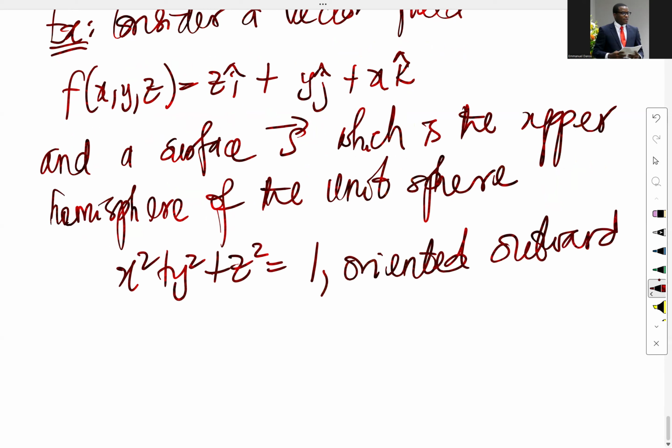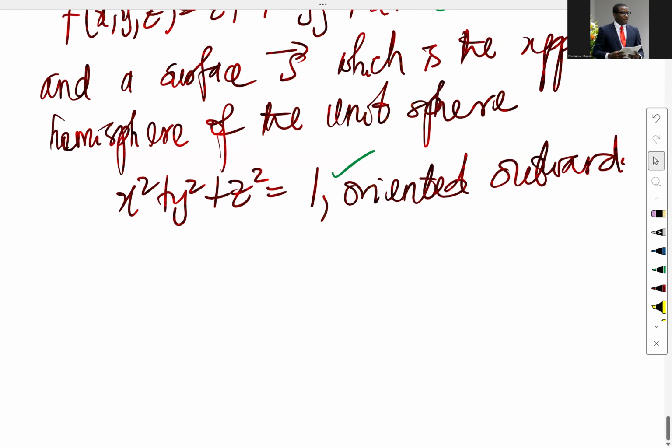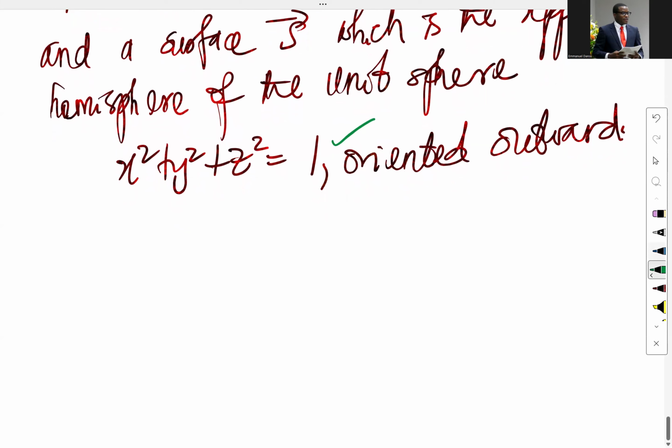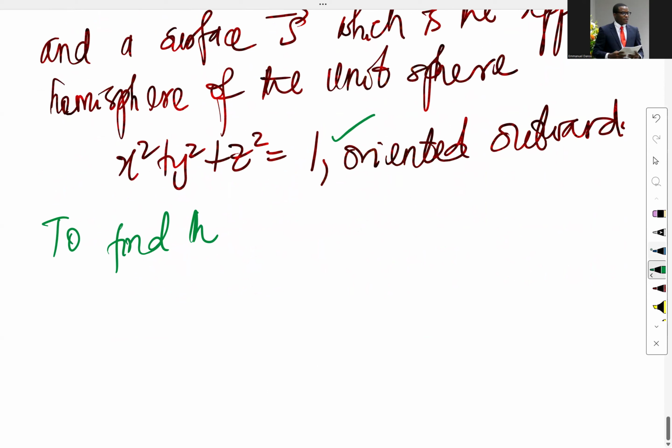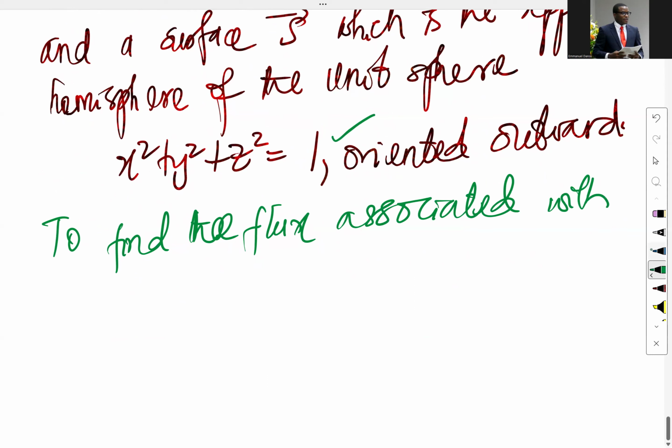Okay, so this is what we have now. We have a force field, and then we have its parameterization, oriented outward, the upper hemisphere of a unit sphere, which is usually given as x squared plus y squared plus z squared. So for us to find the flux associated with this, we have to take certain steps.